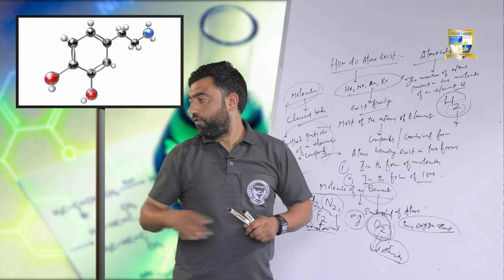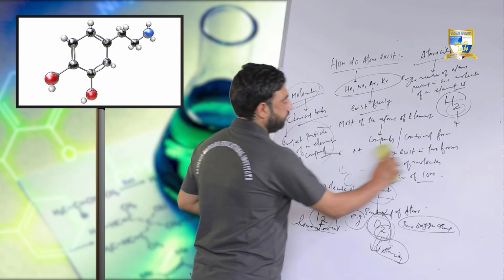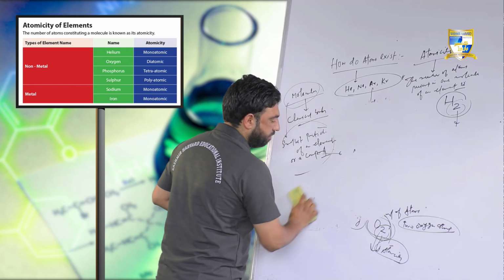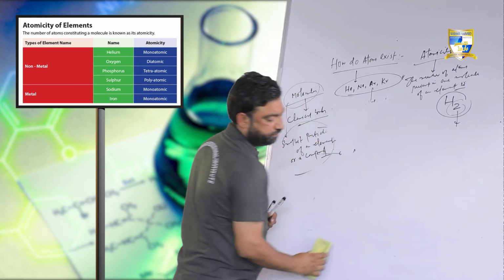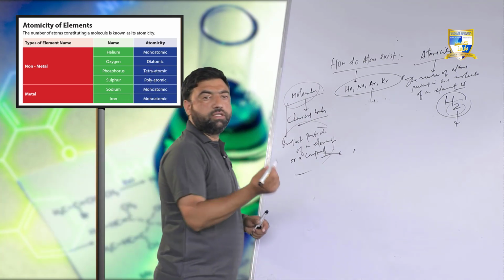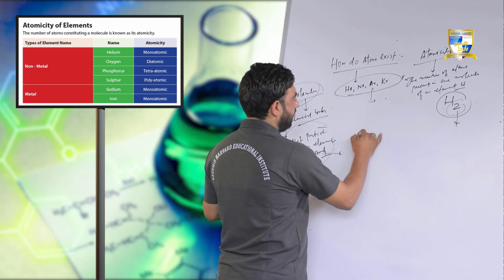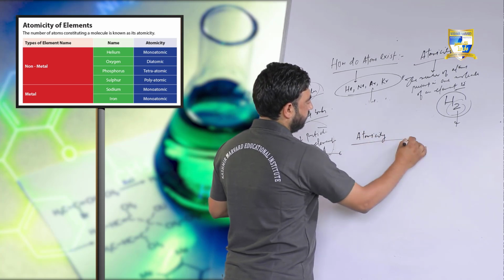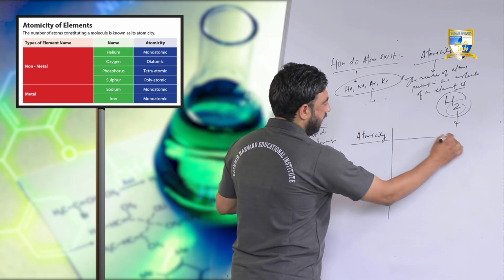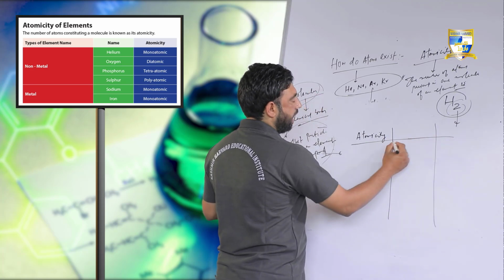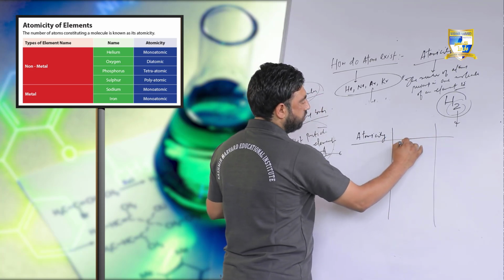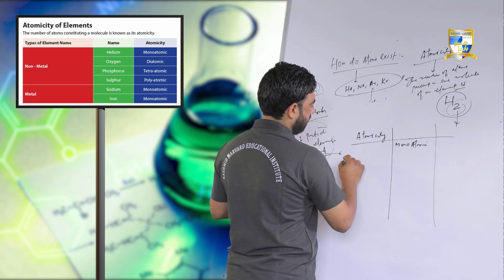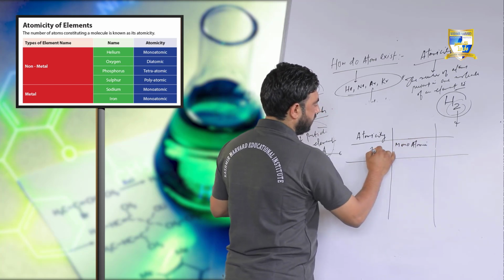On the basis of atomicity, elements may be classified as monoatomic, atomicity 1.